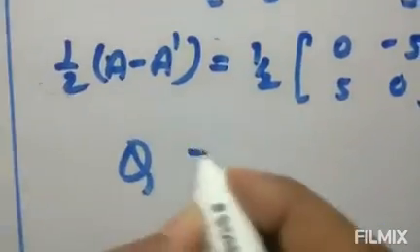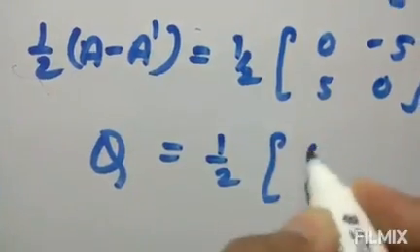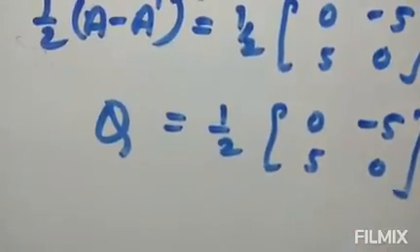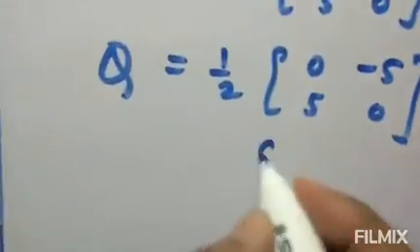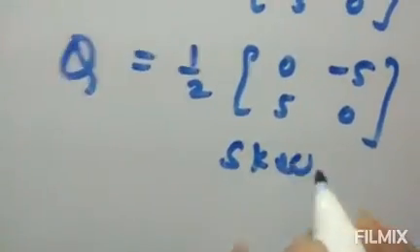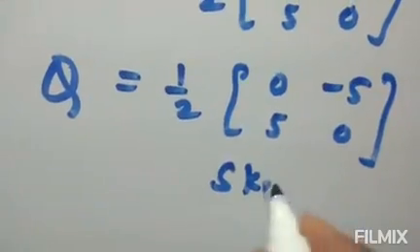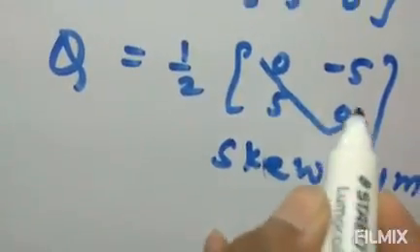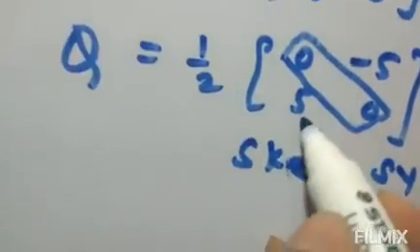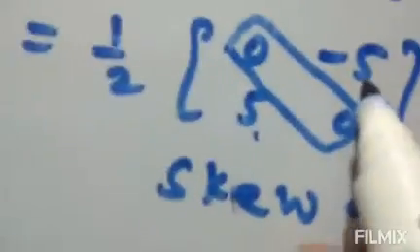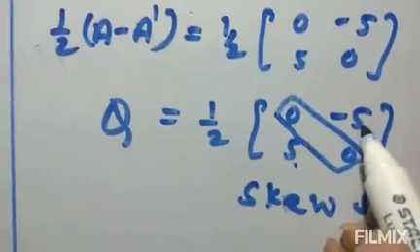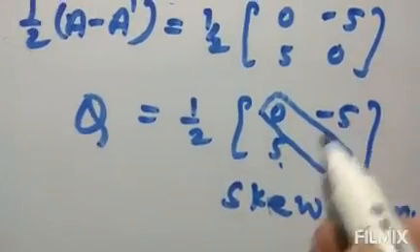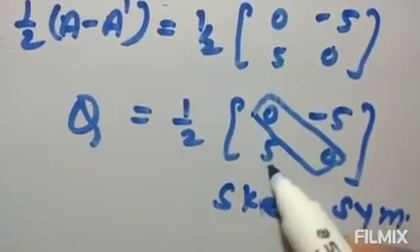This is Q. Here this one is a skew symmetric matrix, because the main diagonal elements are 0 and aij equals minus aji, meaning a12 and a21 are equal but of opposite sign, here -5, here 5.